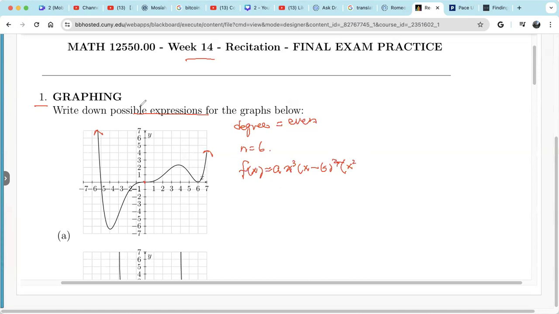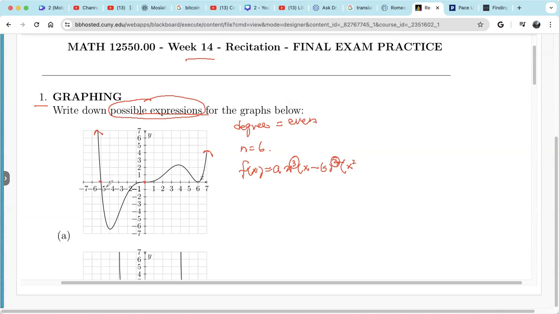But we don't need to find the exact one. We need to find possible expressions, just one possible function. Here we have degree 3, here degree 2. Because we know the degree is 6, we just need one more. Oh, we have this root, almost forgot.